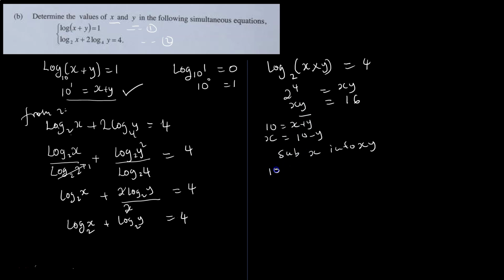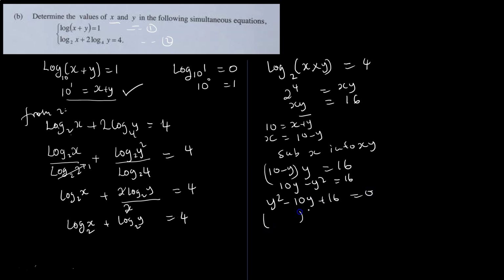So I have 10 minus y, and then the y outside, equals 16. If I work this out, I get 10y minus y squared equals 16. Rearranging this gives me y squared minus 10y plus 16 equals 0.